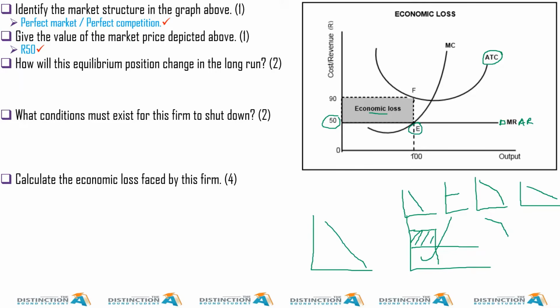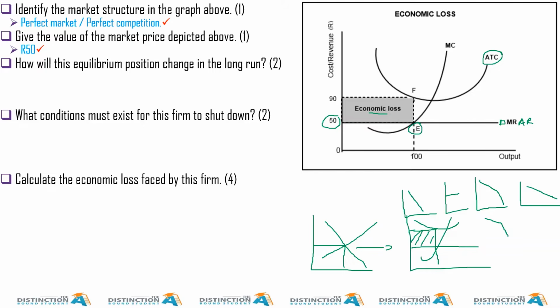The current price is there. So this will be the price in the industry. You see this 50 here. So what's going to happen is this economic loss that firms are making is going to make firms shut down, those that cannot cover their average variable costs.